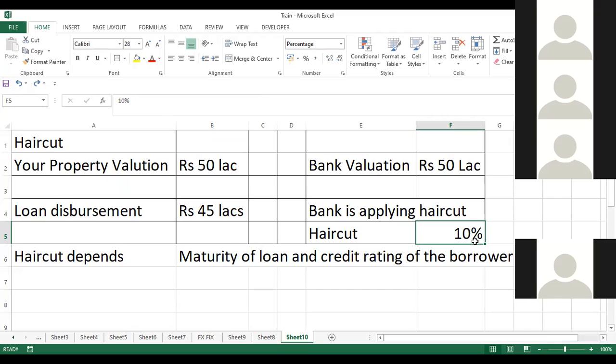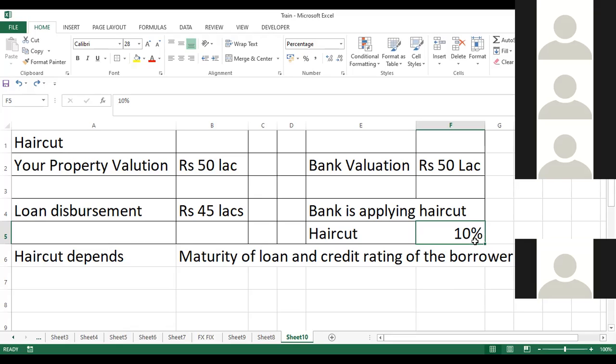So if the maturity of the loan is high, is more, then the haircut is expected to be more, because the longer the maturity, the longer the uncertainty. The shorter the maturity, the shorter the uncertainty in the valuation. So there would be less chance of the valuation going drastically low, right?